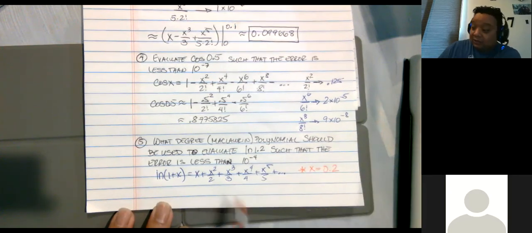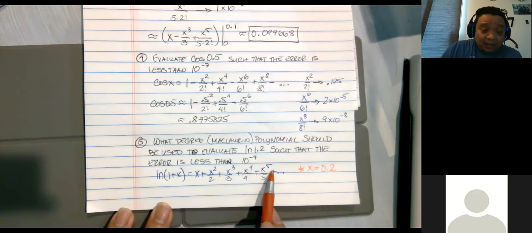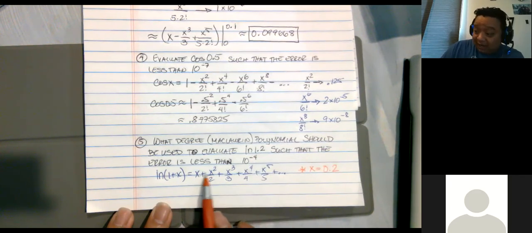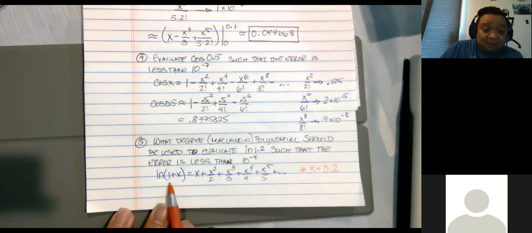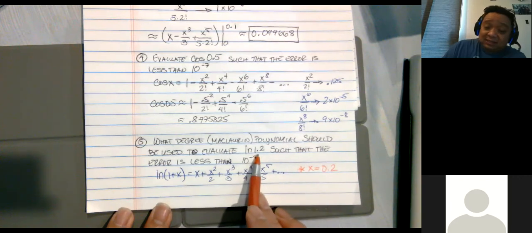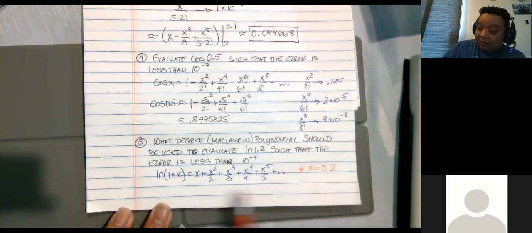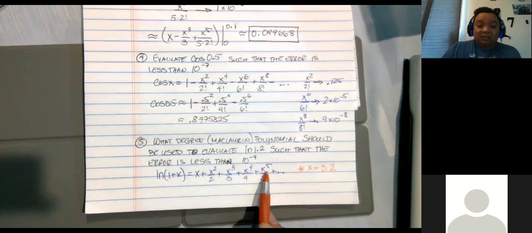So you're not plugging in 1.2, you're plugging in 0.2, because this is the power series for ln of 1 plus x. Since the value inside the logarithm is 1.2, in terms of 1 plus x, x is 0.2.